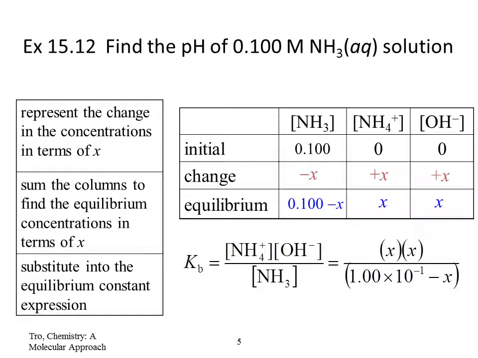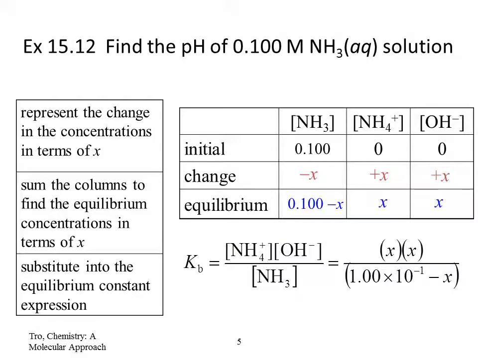Now we are going to write the equilibrium constant. The product side should be ammonium plus and OH minus on the top, and the bottom is going to be ammonia.